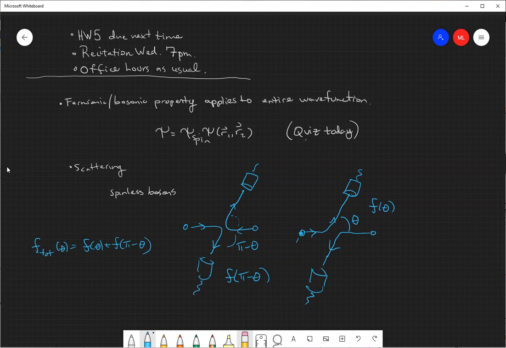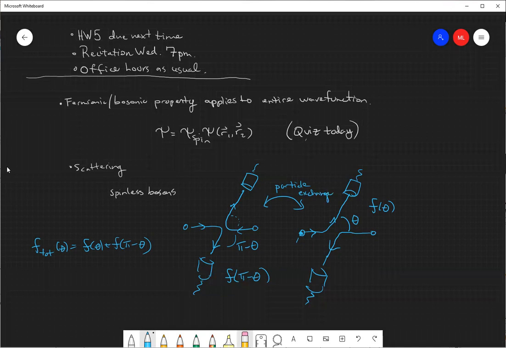And we know that we have to add them with a plus sign, because if we think about what happens under particle exchange, the two processes interchange. If we exchange the two particles, then f(theta) becomes f(pi minus theta). This is exactly what happens under particle exchange. You transition between these two kinds of processes.